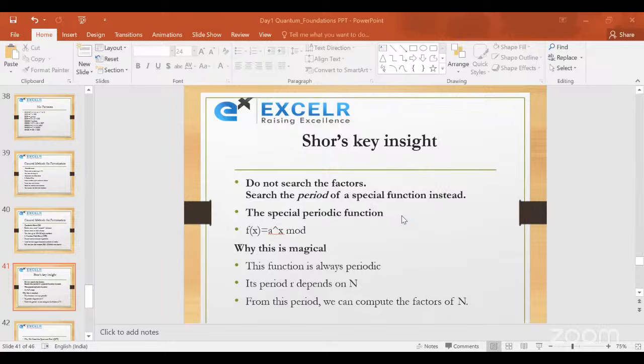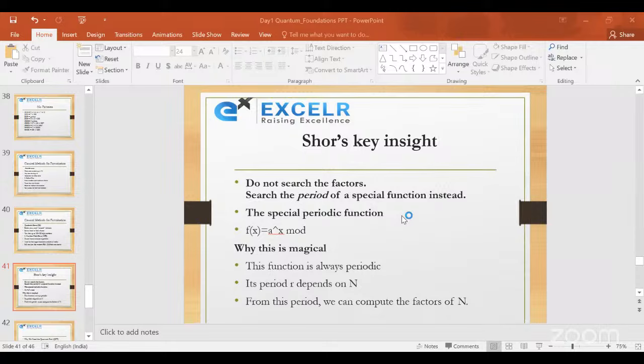From the mathematical point of view it is a magical thing, and from the computer point of view it is also a magical thing. Why? Because quantum computation can find the periodic function very easily in one step. So what Shor suggested is to just involve the periodicity, just make the periodic function.